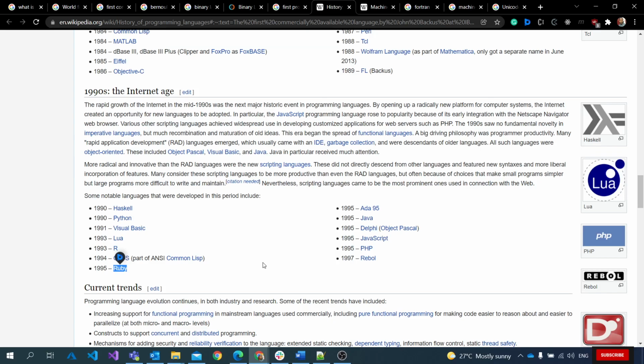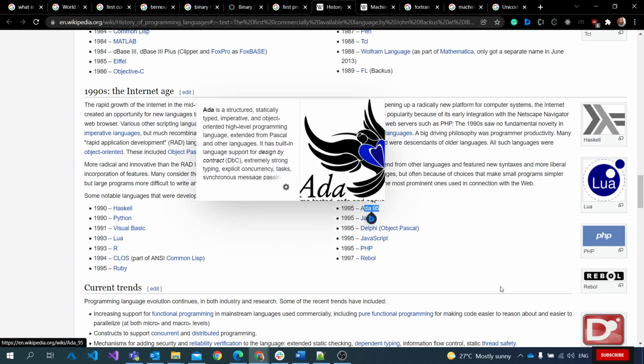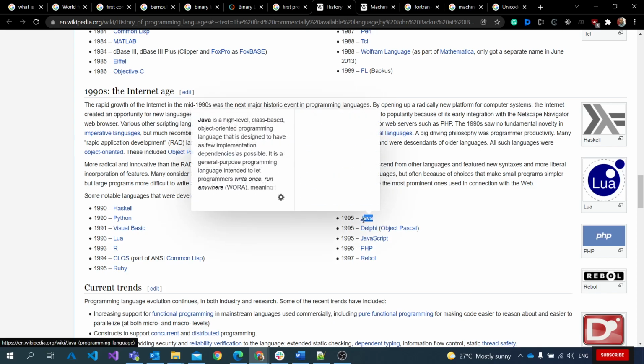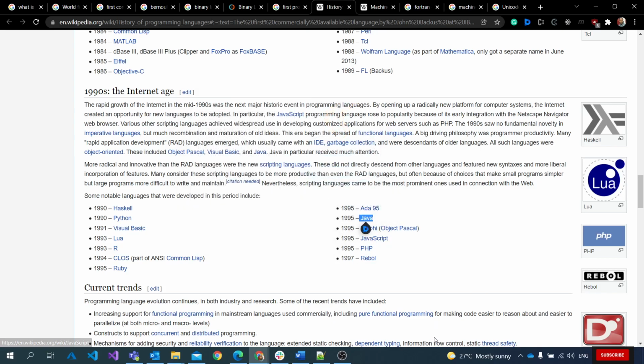It's also influencing a lot of the upcoming languages. They actually base them on Ruby a lot more. Ada 95, I think it's a credit to Ada Lovelace as well. Java, leading in the market here and there. That was introduced in 1995. Delphi, JavaScript, we still use it heavily for web development.